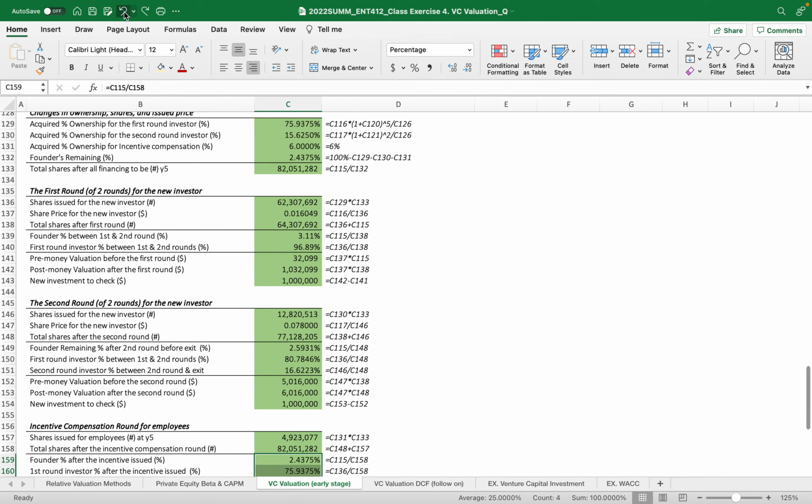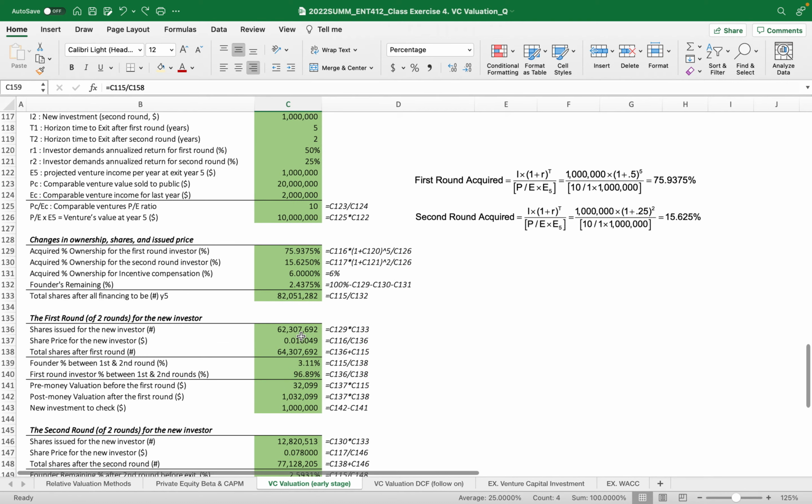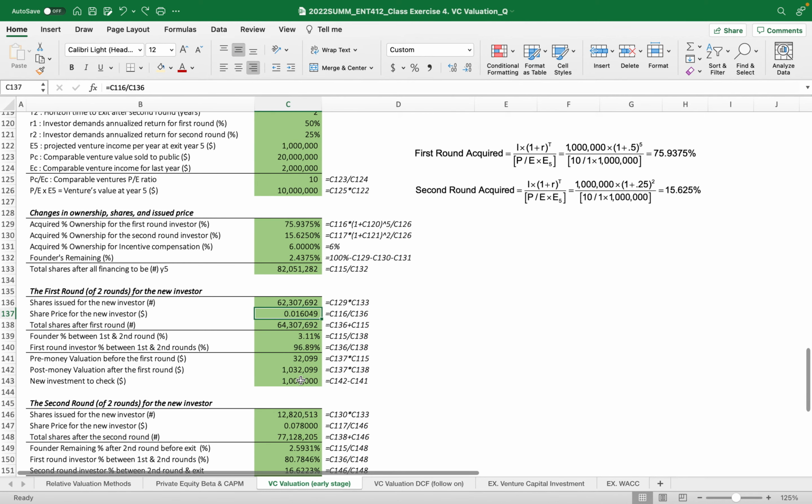So that's how we calculate the stock price in each financing round. And then how do we start? First, we calculate the future value at the exit year. And then we calculate the percentage of ownership based on the investment amount compounded by the required rate of return, right? And then we got this percentage of ownership. The point is to get the remaining percentage of ownership for the founders so that we get this total number of shares.